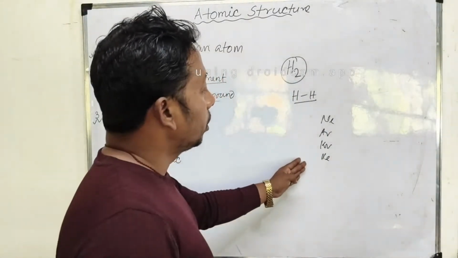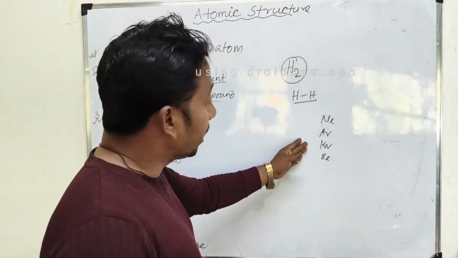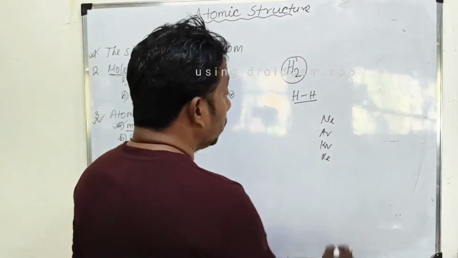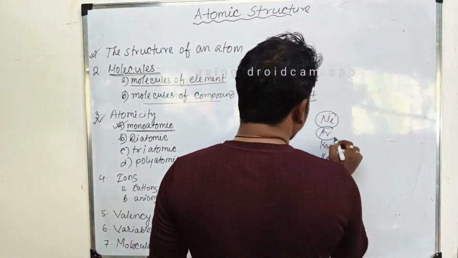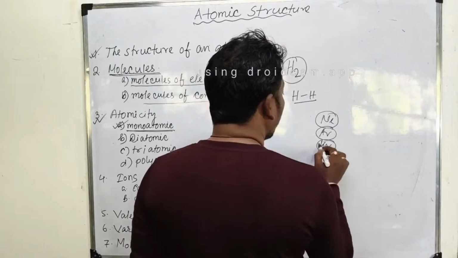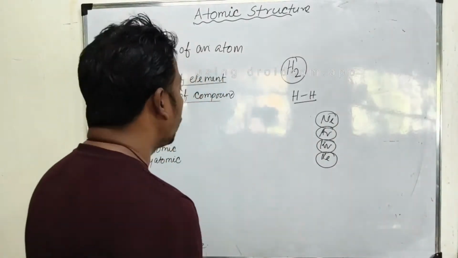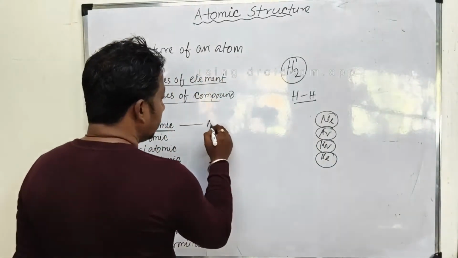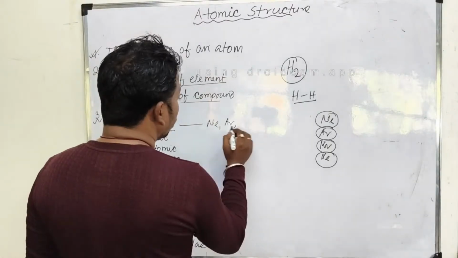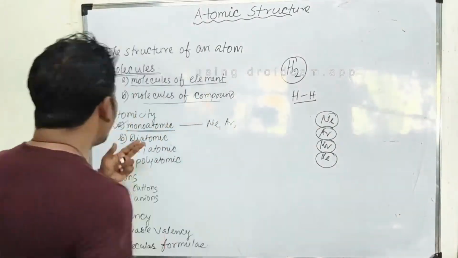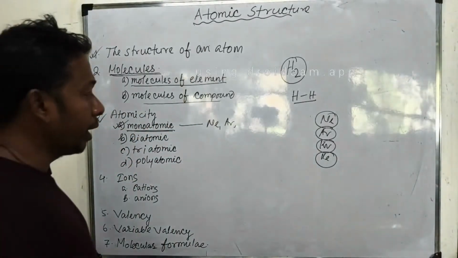Those are called noble gases or inert gases. These elements are monoatomic, only single atoms are contained. That means neon, argon, those are called monoatomic.